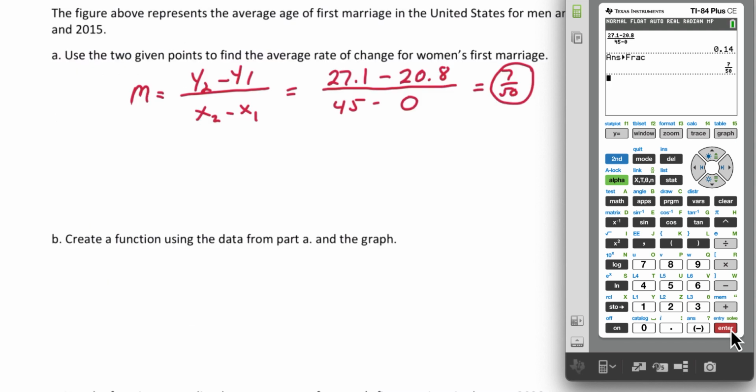Part B wants us to create a function using the data from Part A and the graph. Think y equals mx plus b. We just found m, the rate of change, is 7/50. Now we need to find b, the y-intercept. To do that, we'll go back to the graph.